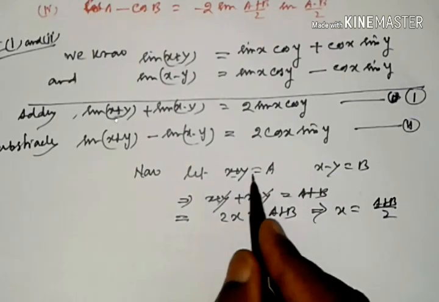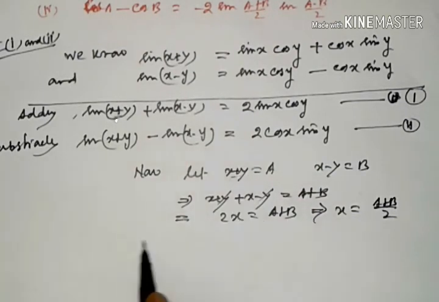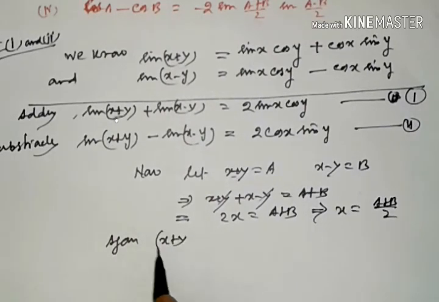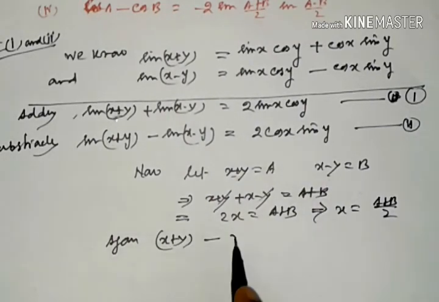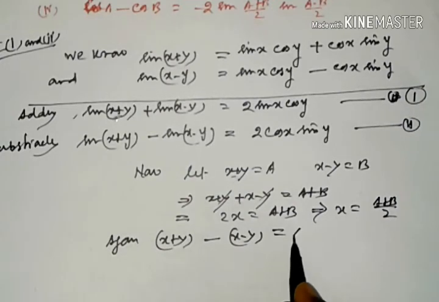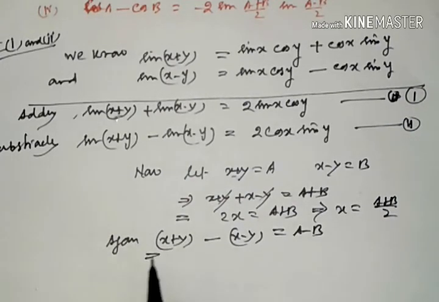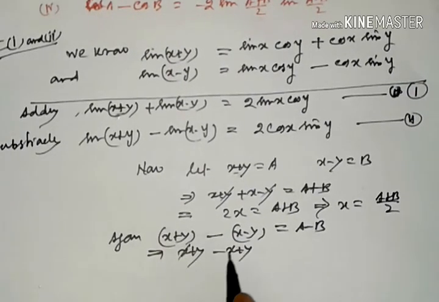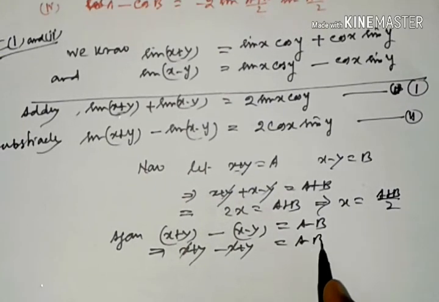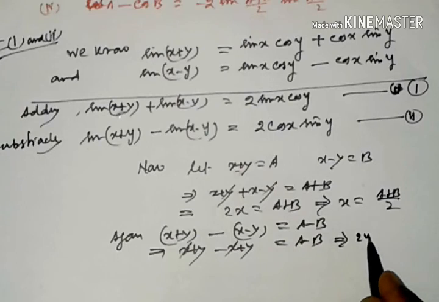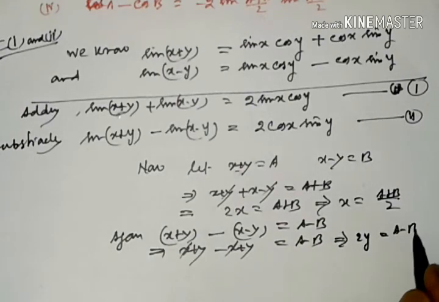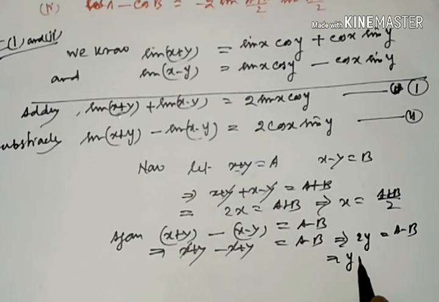Similarly, if we subtract, x plus y minus x minus y is a minus b, here x will be cancelled. This implies 2y is equal to a minus b, so y is equal to a minus b by 2.